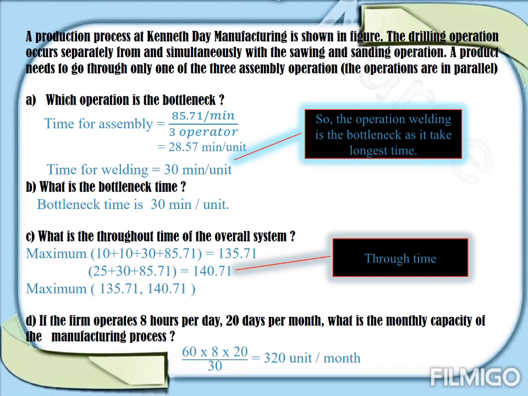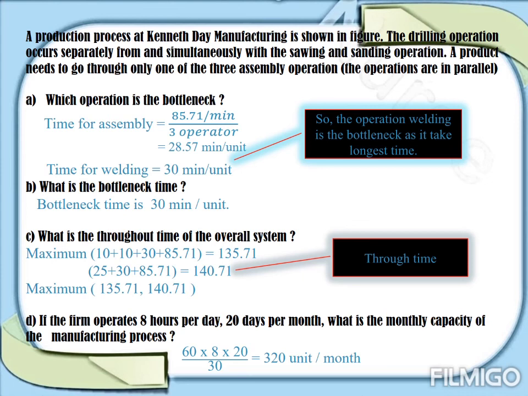For path A, sawing, sanding, welding and assembly: 10 minutes plus 10 minutes plus 30 minutes plus 85.71 minutes. Totaled up, we get 135.71 minutes.